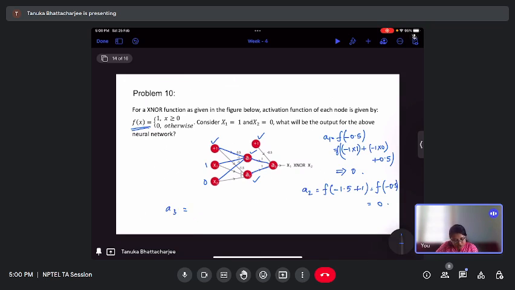So, no contribution from these, only the bias term comes up, which is -0.5, and f of that is equal to 0. So, this also confirms the XNOR function is actually happening. For 1 and 0, the XNOR function output should also be 0, and this is how you compute when you have the bias term along with the weights. Okay.